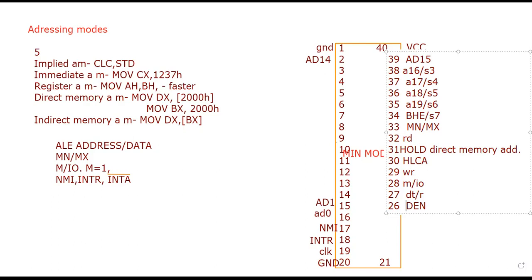It goes low during the read operation. Data enable is the bar on this pin. So if you are writing, then it will be 1, and if you are reading, then it will be 0. 1 for write and 0 for read.